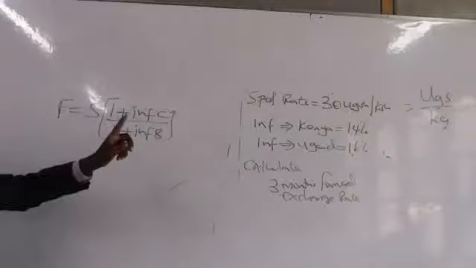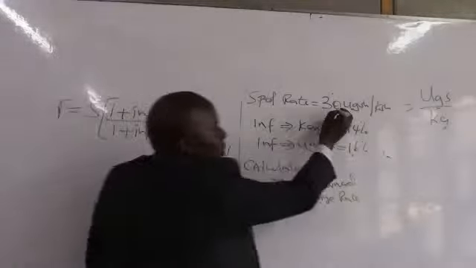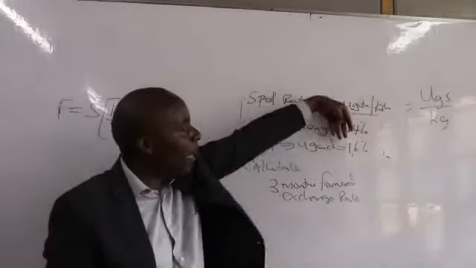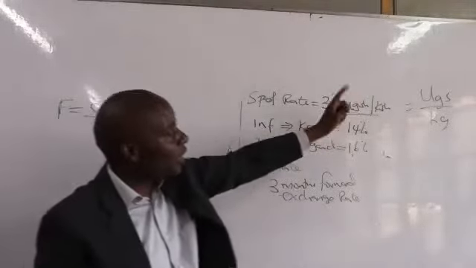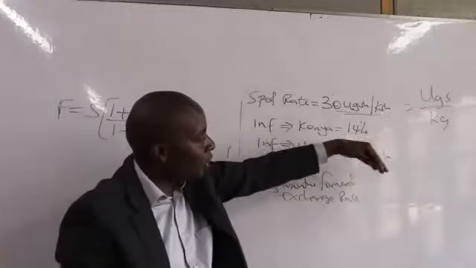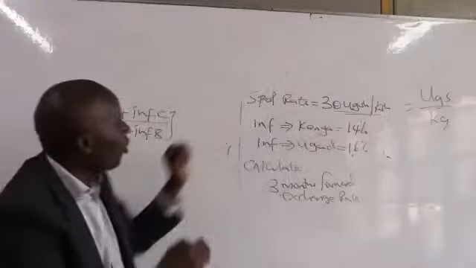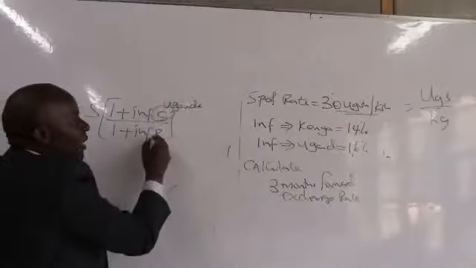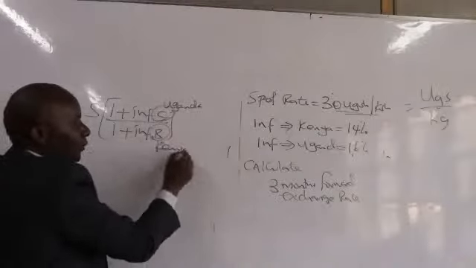As Sharon told us, you simply look at your spot exchange. If you look at your spot exchange, you will see Uganda shilling, Kenya shilling. So Uganda shilling is on top and Kenya shilling is at the bottom. If Uganda shilling is on top, it means C is Uganda, the numerator, and B is Kenya.